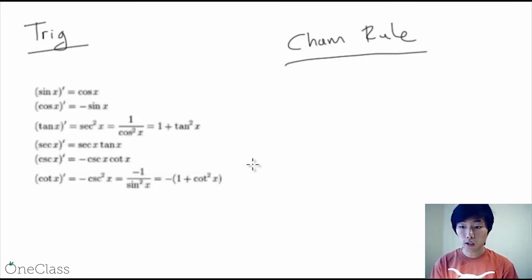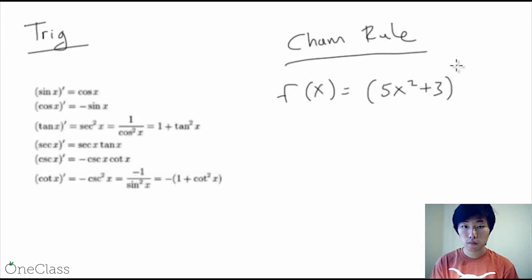My teacher actually taught me by representing internal functions as blobs, like you have something here, you know that you would take the derivative by bringing this down and subtracting 1, but you also have to take the derivative of this inside part, which is what I call a blob, and the derivative of that would be 10x.